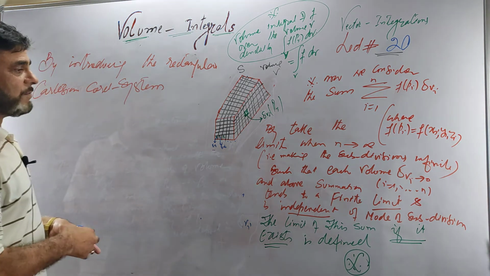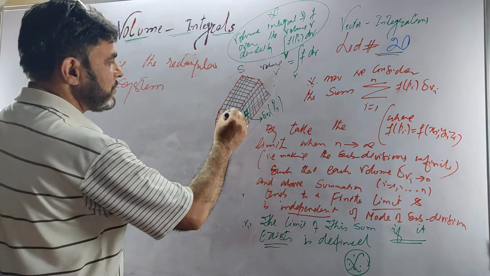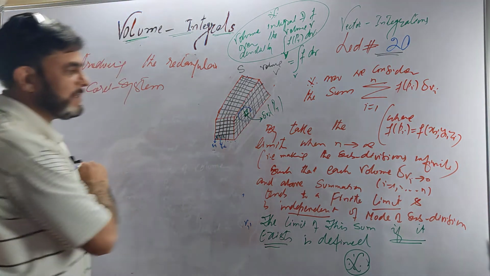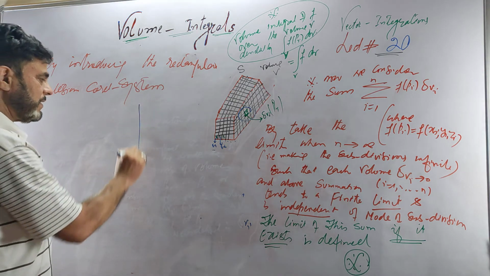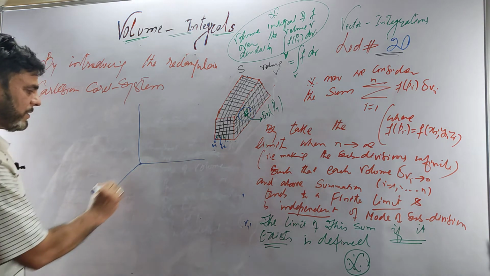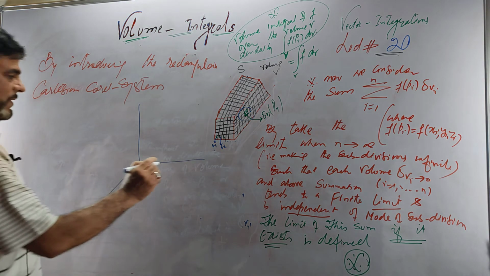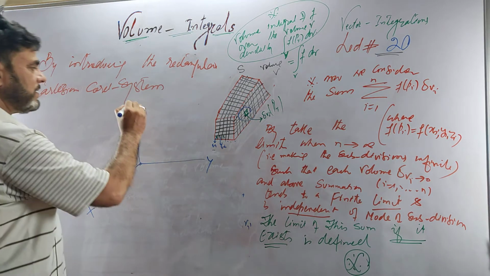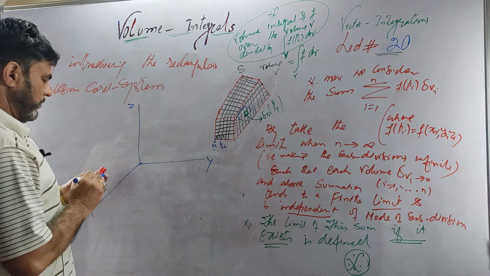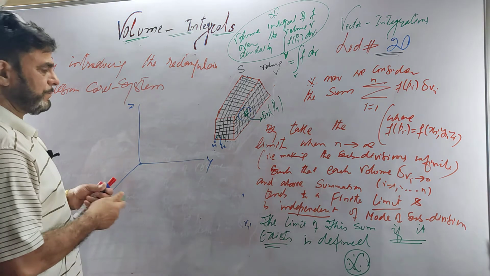You just take now this volume, this smallest volume element, I will say. Take this as your x-axis, this is your y-axis, this is the z-axis. You take this volume, you see how we do it.